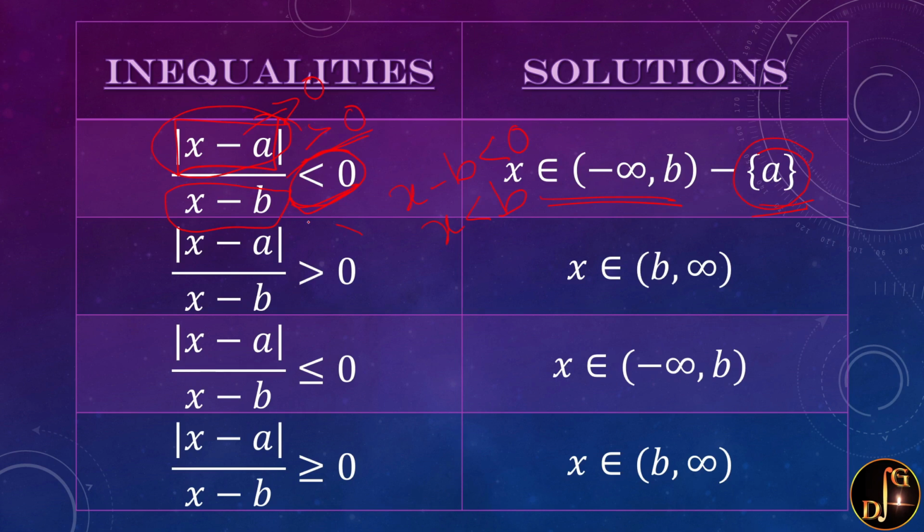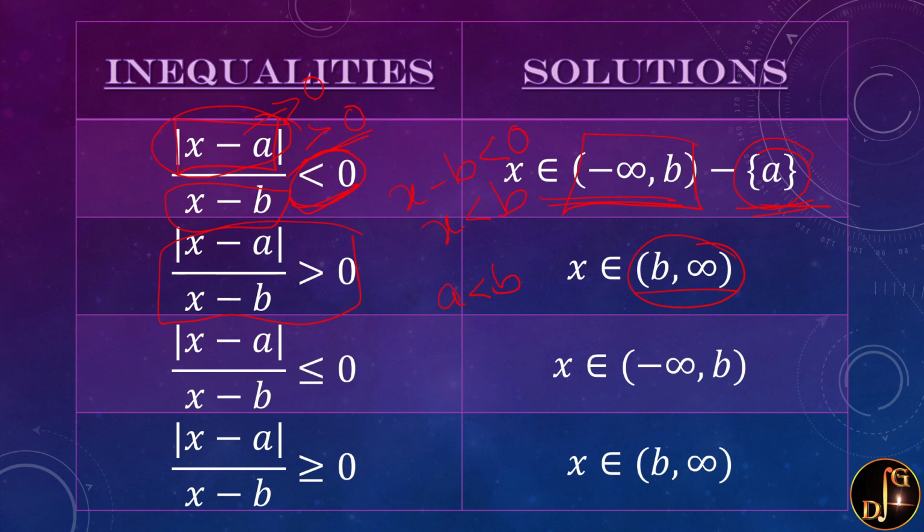Similarly, if the quotient is positive, then it is b comma infinity. Here we are not excluding anything because in the beginning itself we have taken a less than b. In the interval b comma infinity we will not get a, so we are not excluding it. But in the interval minus infinity comma b, we had a, so we were excluding that a from that interval.